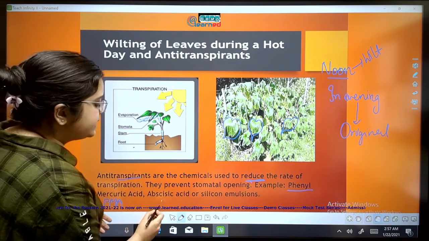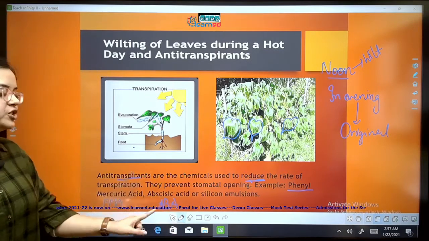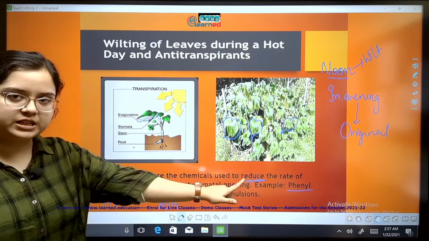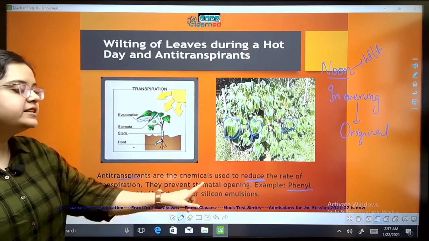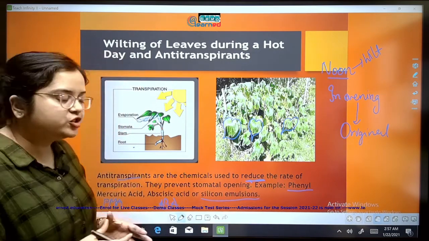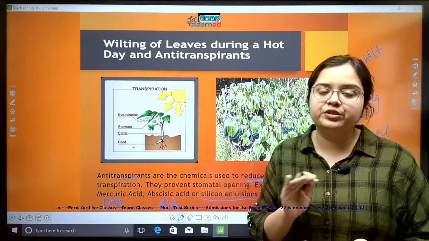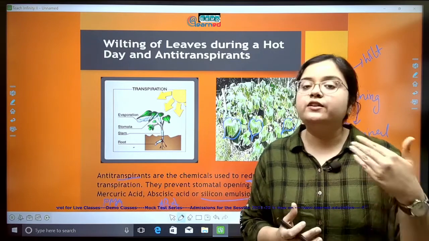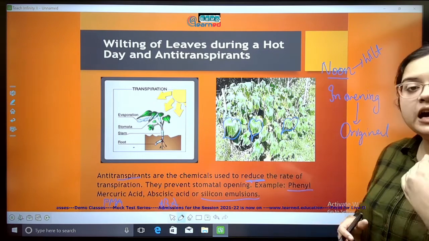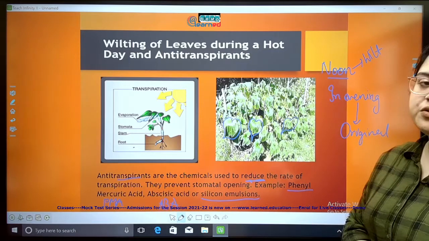Or abscisic acid, a plant growth regulator or hormone which is artificially sprayed on the plant as an antitranspirant to reduce the rate of transpiration. They prevent stomatal opening. There can be other antitranspirants like silicone emulsions which form a layer over the leaves so that transpiration does not take place. All these can be applied artificially or synthetically over the plant to reduce the harmful effects of transpiration.